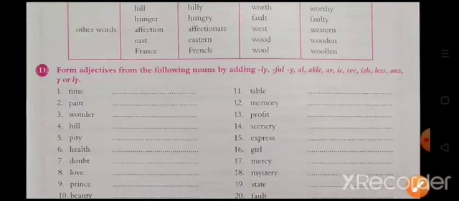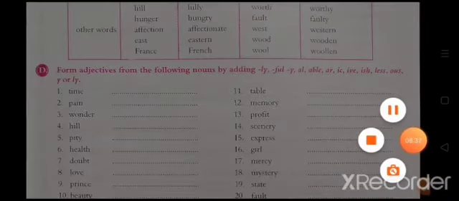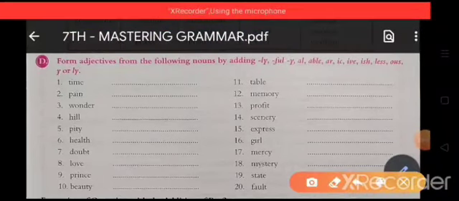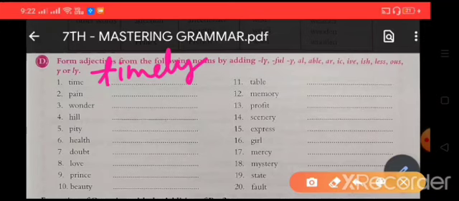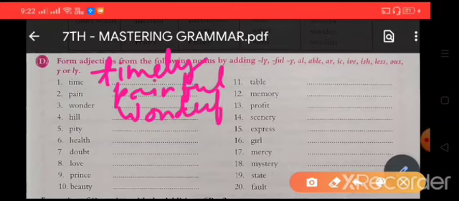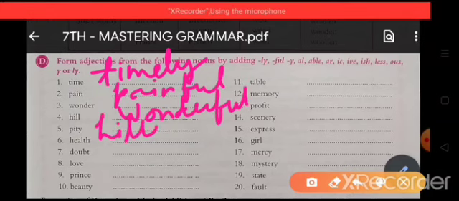Now time, timely. Pain, painful. Wonder, wonderful. Hill, hilly.